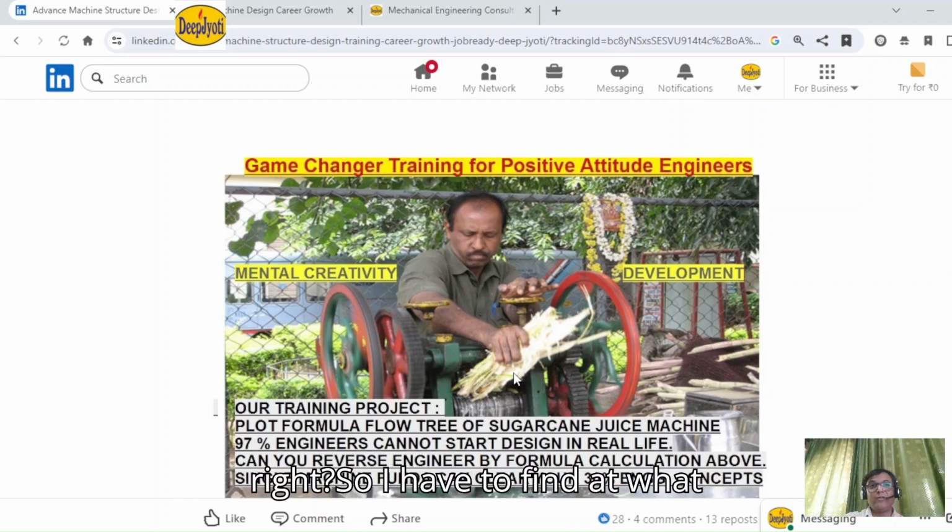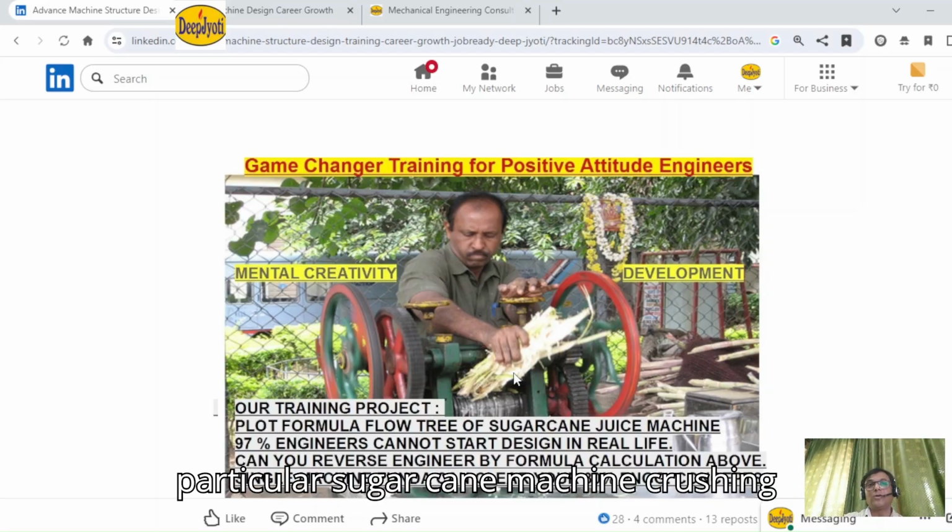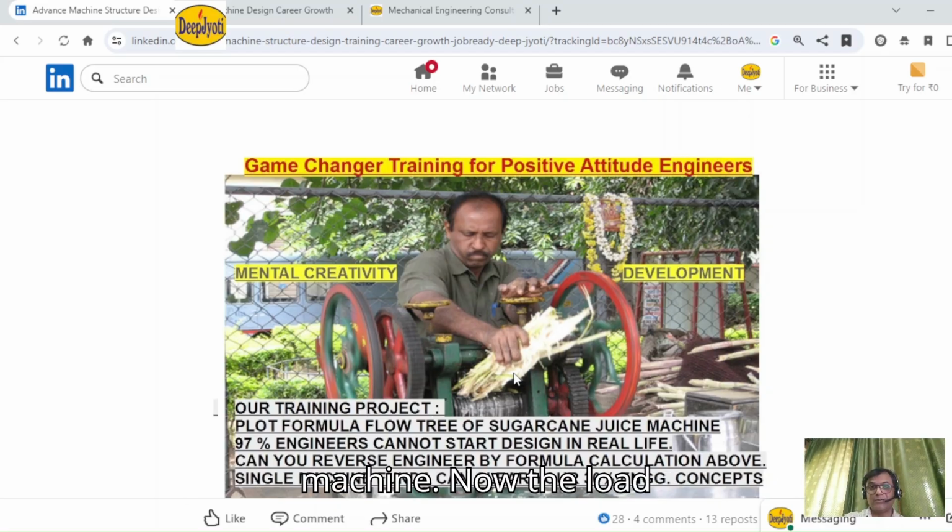So I have to find at what load sugarcane will crush. That is my input. Now I say that at a time I want to insert 10 sugarcanes and crush 10 sugarcanes. So that is my maximum load input to this particular sugarcane crushing machine.